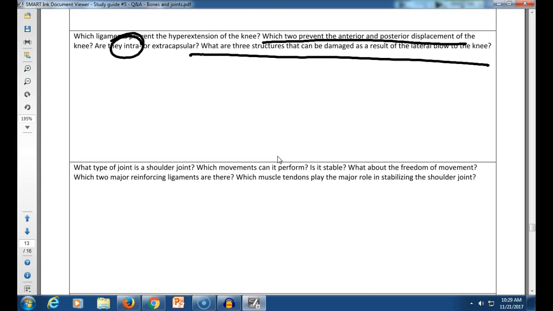What's going to be torn first? Tibial collateral ligament, then cruciate ligaments, and then meniscus. Does that make sense? You can think like this: they have tri-C. Collateral, cruciate, cartilage.